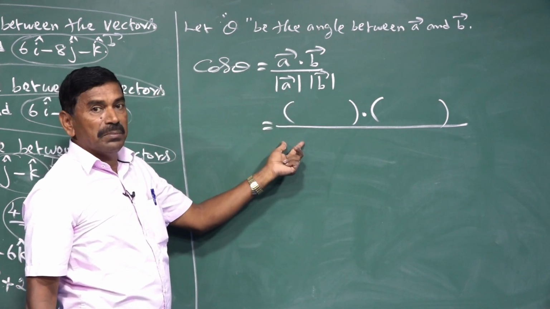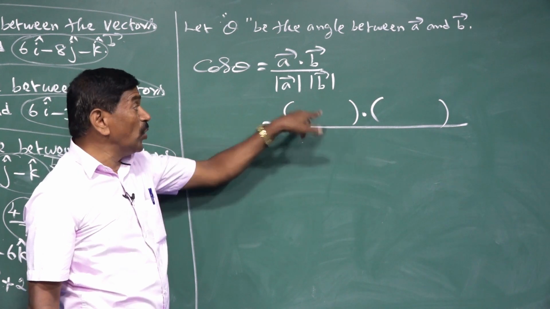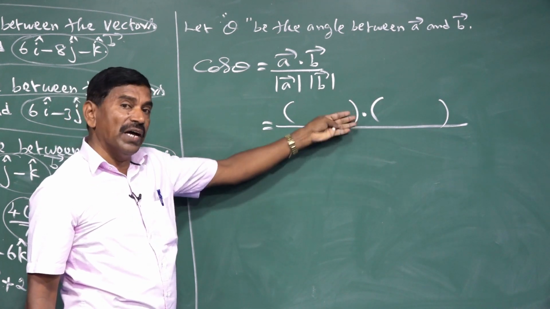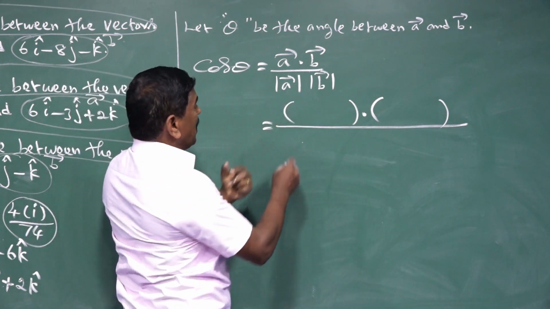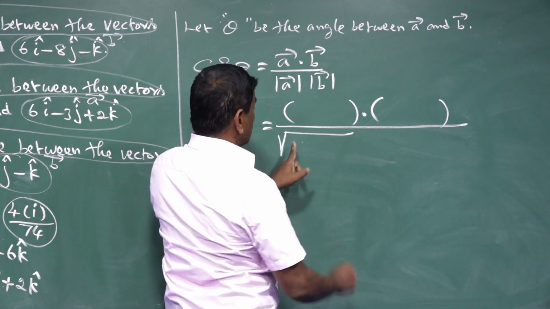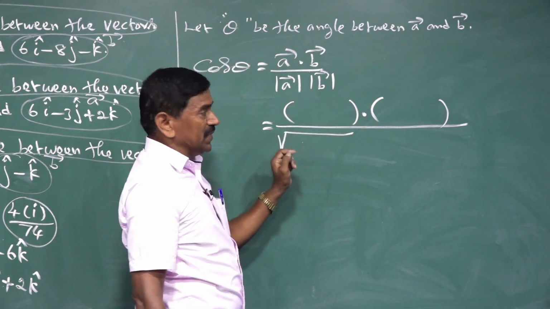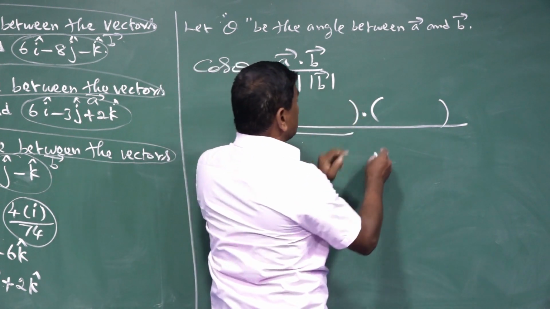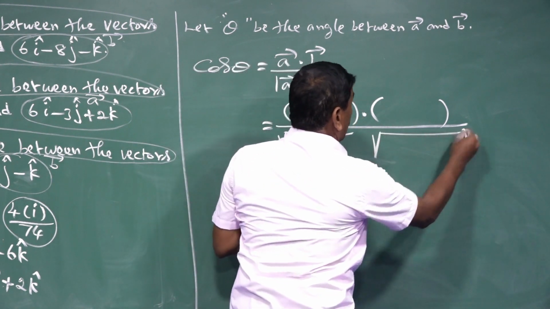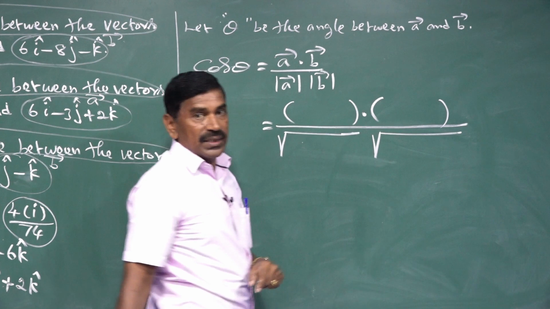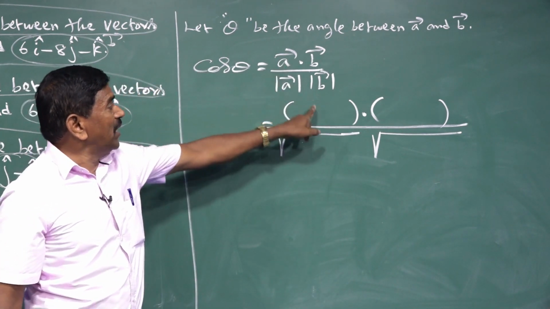Modulus A vector is nothing but the square root of the sum of the squares of the i, j, k coefficients, and similarly for modulus B vector. That's all.